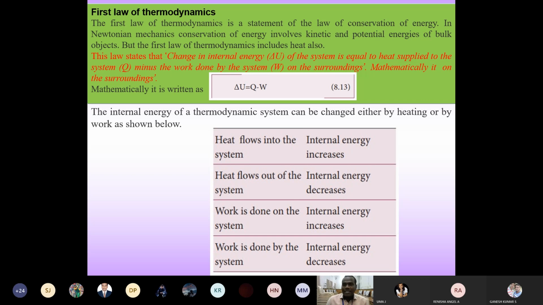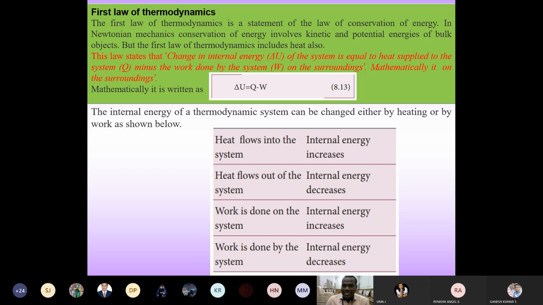So mathematically, we can write delta U is equal to Q minus W. Delta U, the change in internal energy, equals Q minus W. The minus appears because of work done by the system.